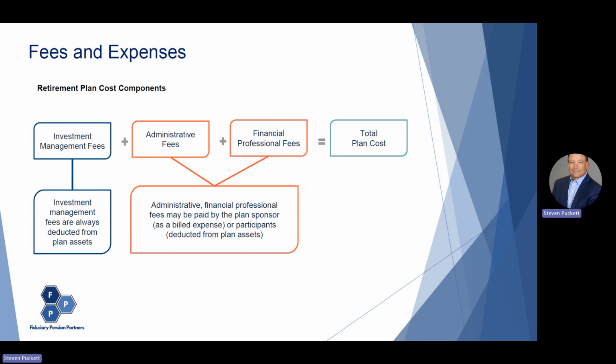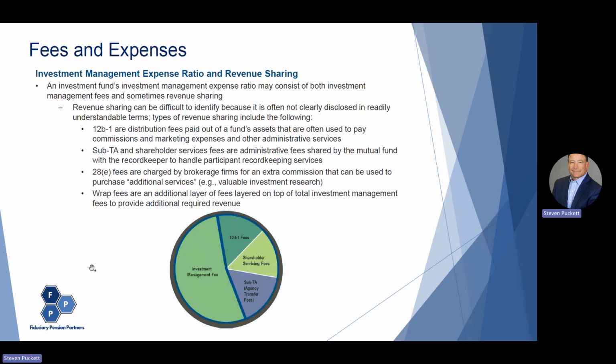So when you look at the components of fees, there are investment management fees, the costs to manage a mutual fund, a collective investment trust, or a stable value or general account. There are administrative and professional fees for record keeping, administration, and plan documents, which can either be billed or deducted from the plan. Ultimately, you have a total plan cost made up of these three types of plan fees.